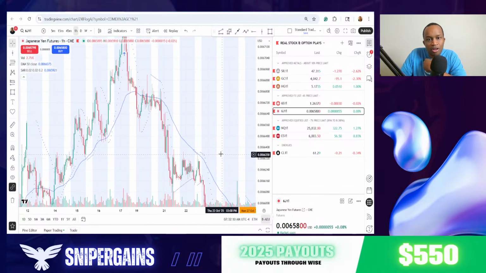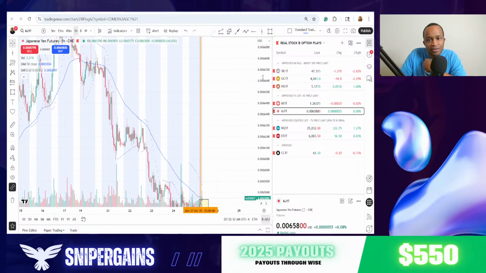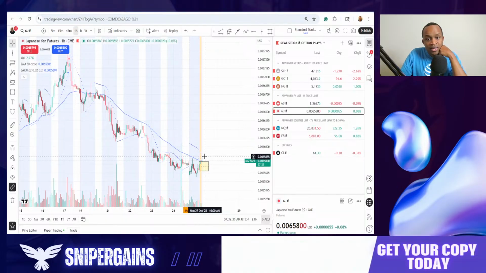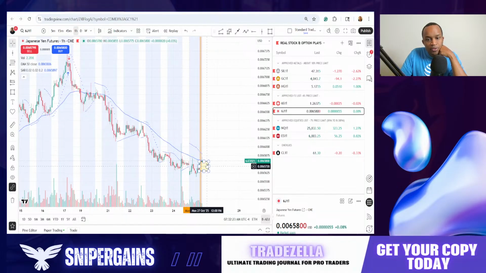It's been a huge drop overall. So there's a good chance it will break past this 50 EMA, and then these SAR dots will flip. If it flips, then we might have a good entry on the upside. So we'll just have to wait it out and see.